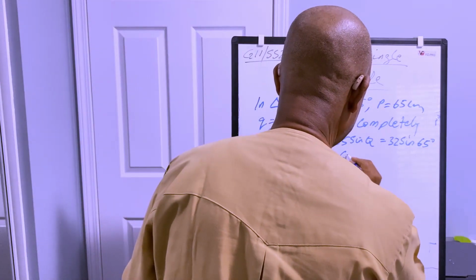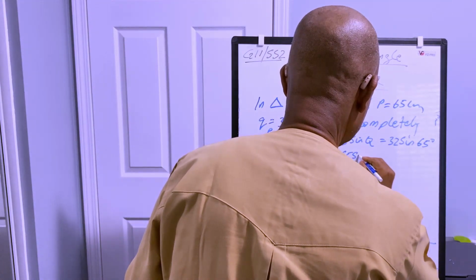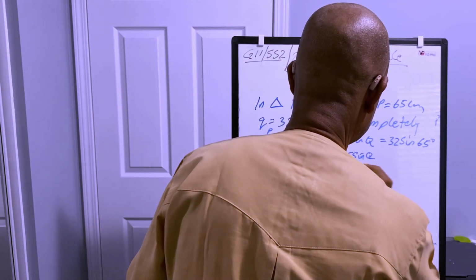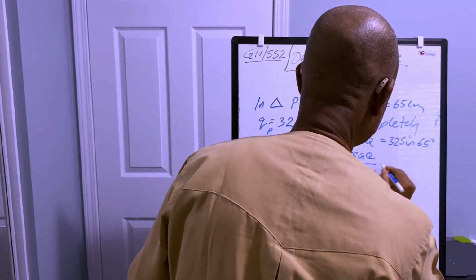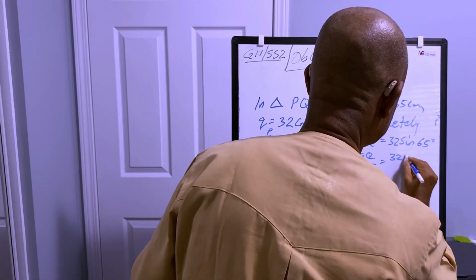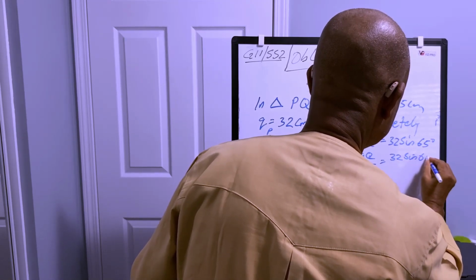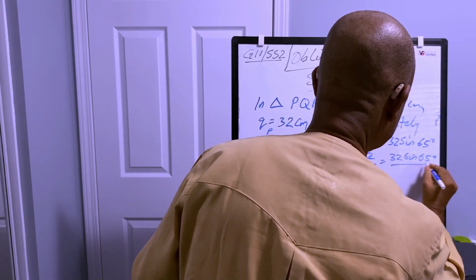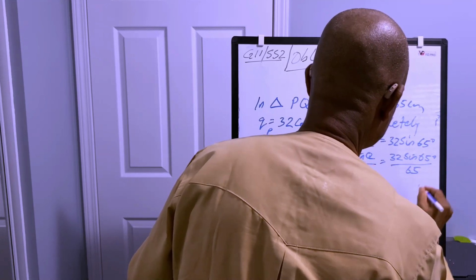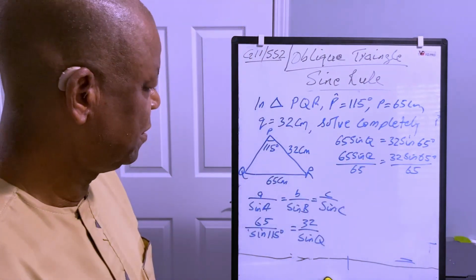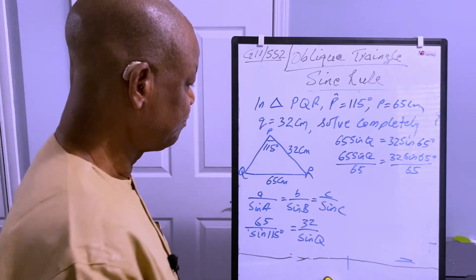This is 65 sine Q divided by 65 is equal to 32 sine 65 degrees divided by 65. Remember that this 65 is the side, centimeter.